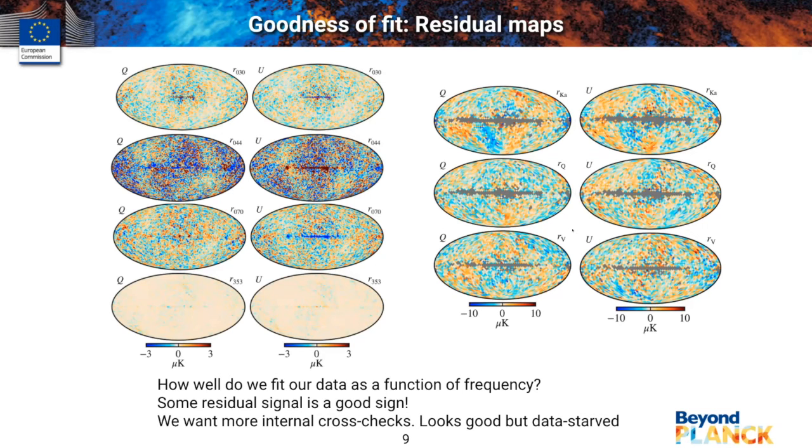And while these residuals do look promising, any additional cross checks would of course be ideal, as we don't expect our rudimentary model to be a perfect fit in any way.